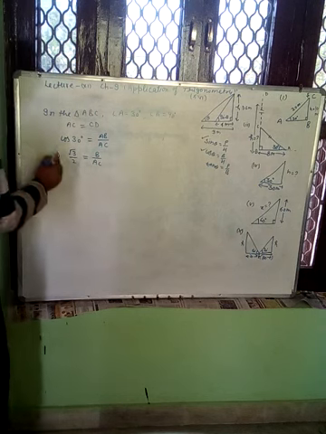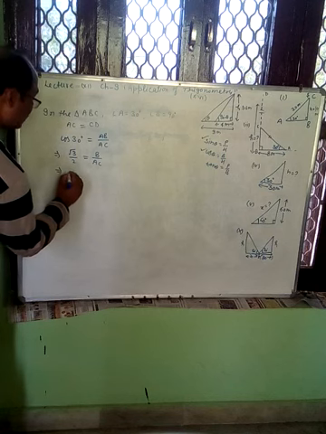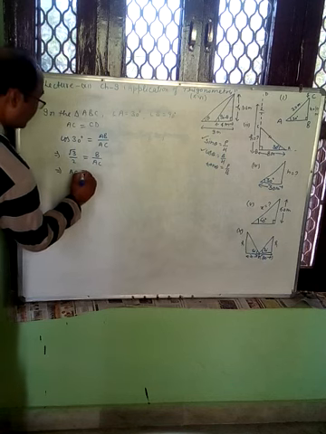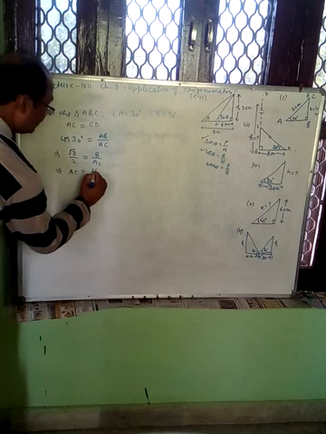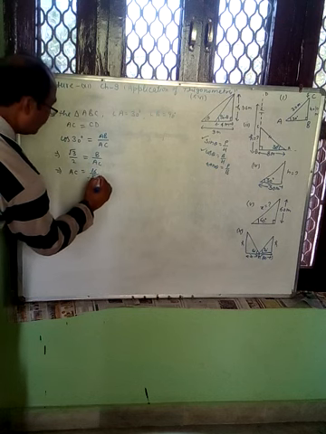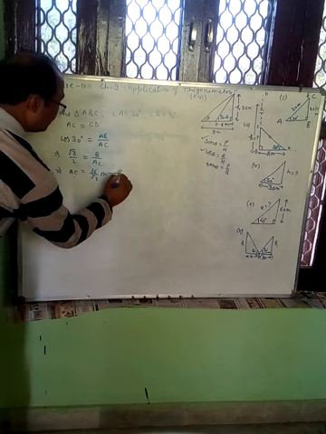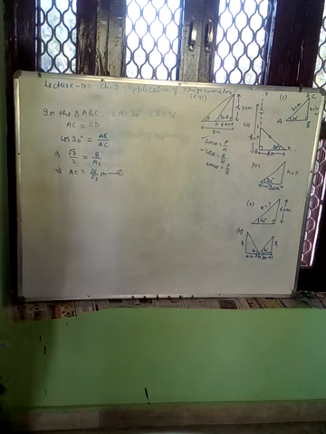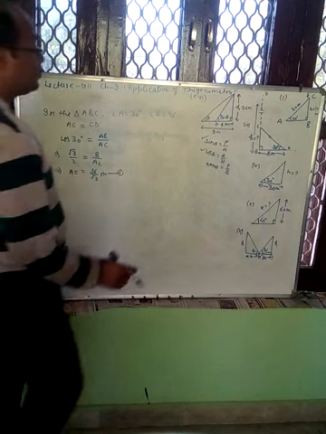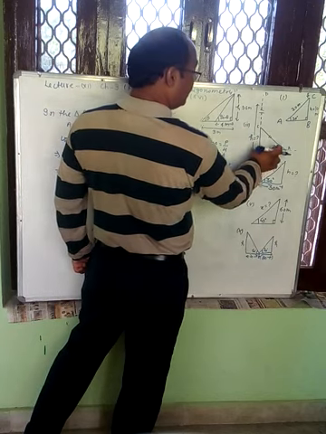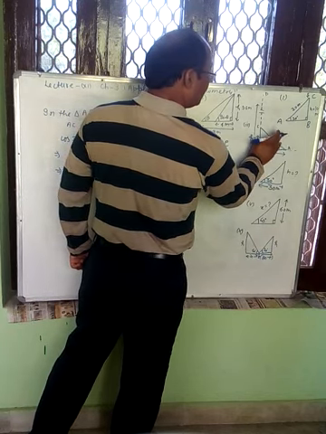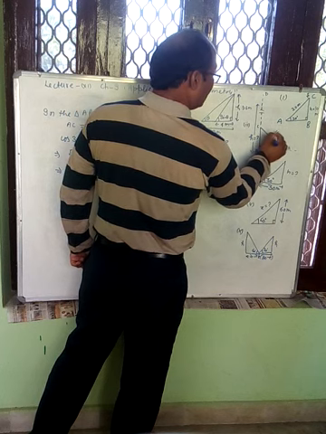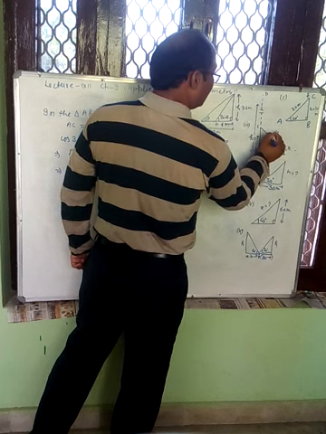Then by cross multiplying, AC is equal to 2 into 8, that is 16 upon root 3 meter.